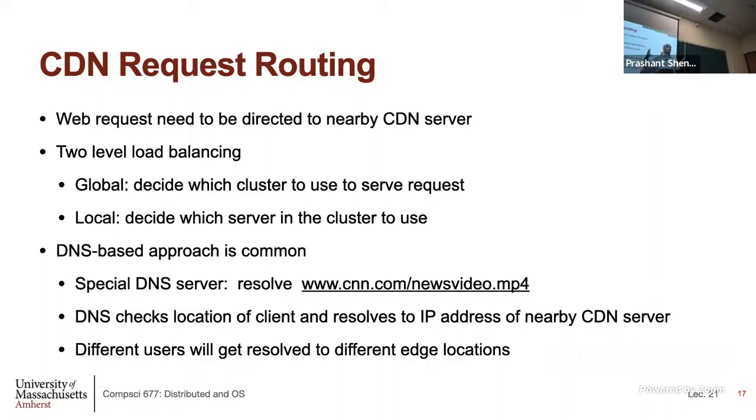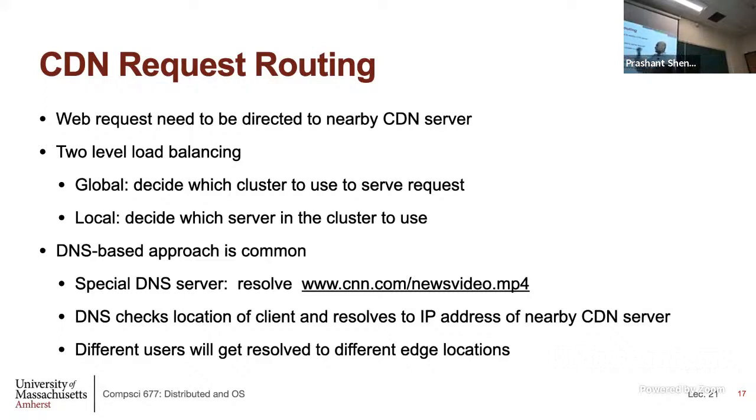And then once you say, I'm going to send it to this cache, that's not usually a single cache, it's a small cluster of servers. So you use what is called a local load balancer, saying which server in the cluster to use. So two levels. First you do a DNS lookup that says which cluster of cache, which location, I should go to. And then once I send the request there, there's a local load balancer saying there are many servers, each of them is a cache, which of the servers should I use? So the global load balancer and the local load balancer.